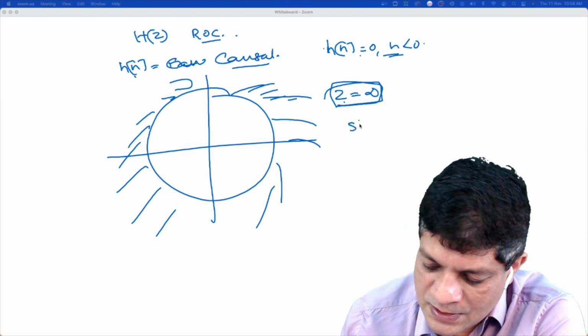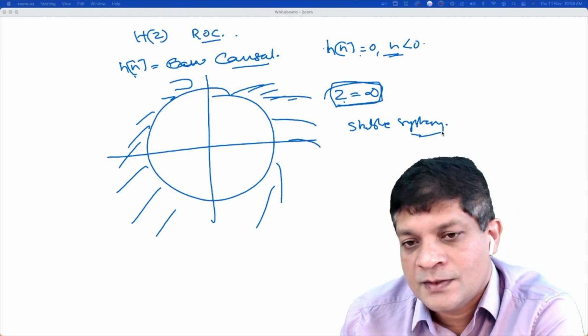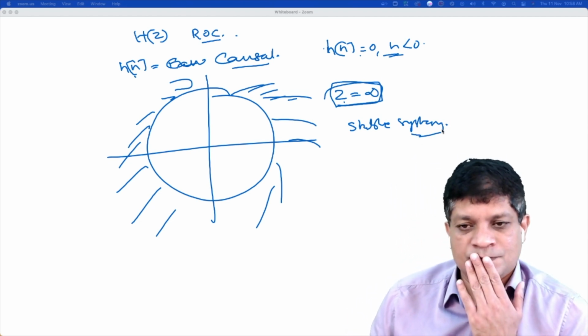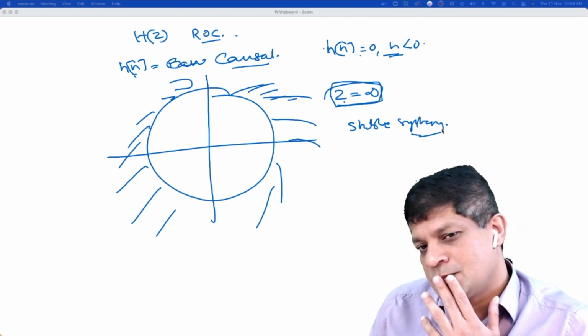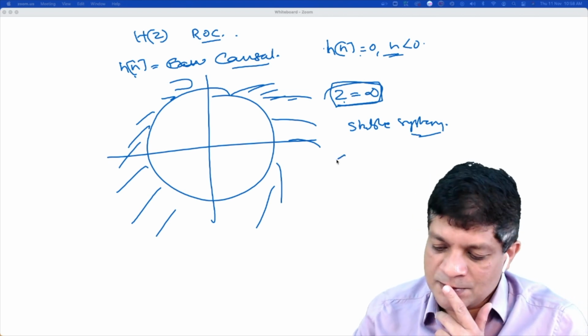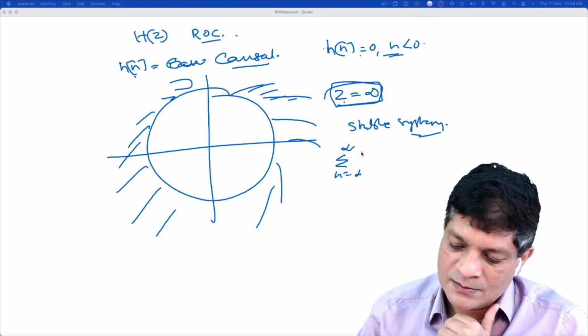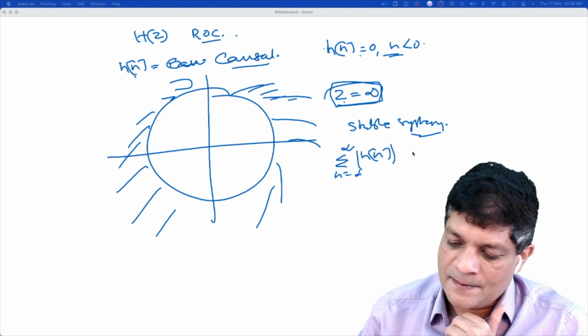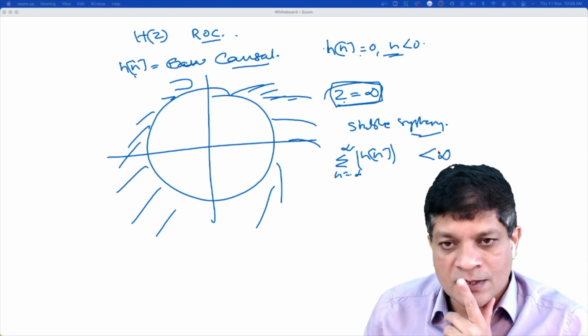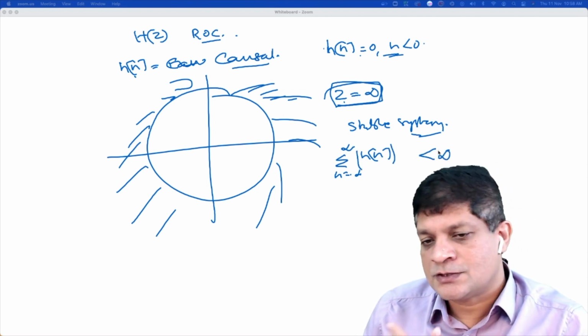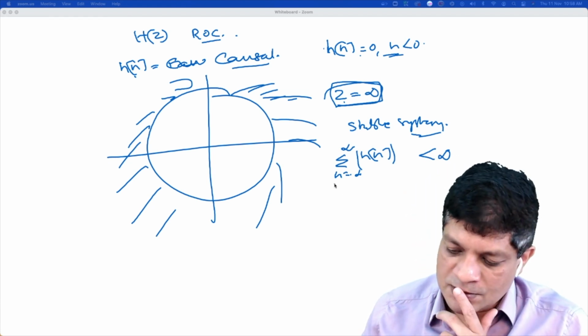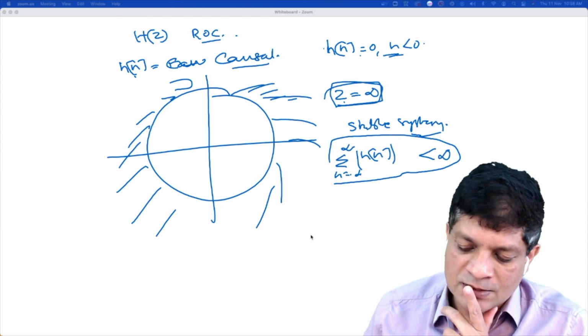Now, what about a stable system? This is the condition for stability: the impulse response is absolutely summable. What does it mean? Which point is in the ROC?